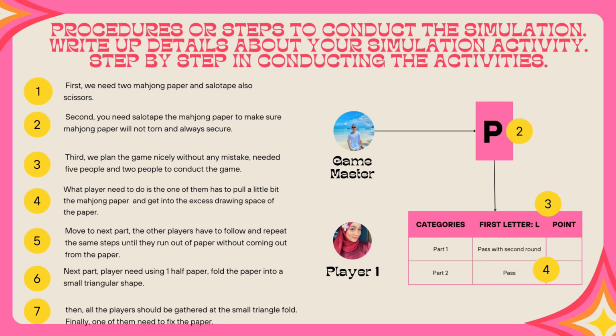Next part, players need to use half of the paper and fold it into a small triangular shape. Then, all the players should gather at the small triangle fold. Finally, one of them needs to feed the paper.